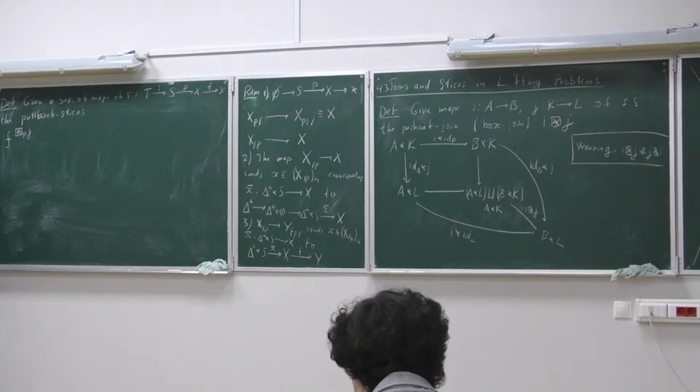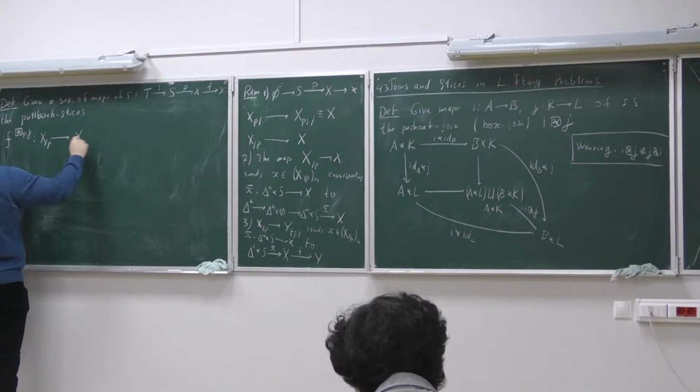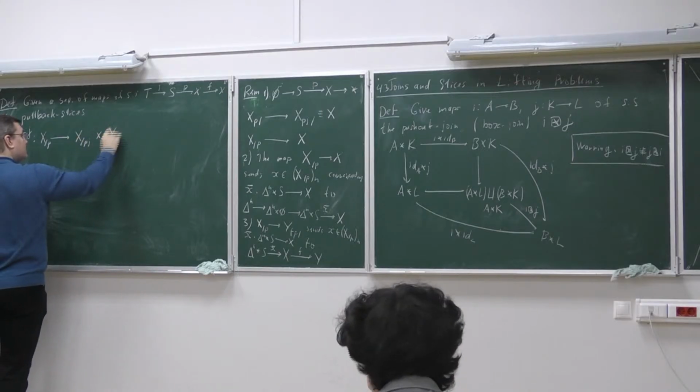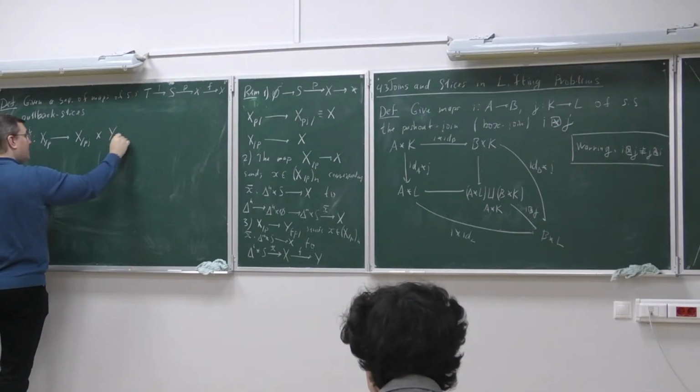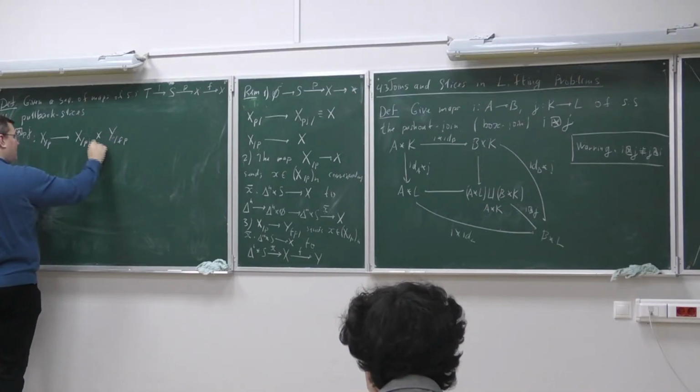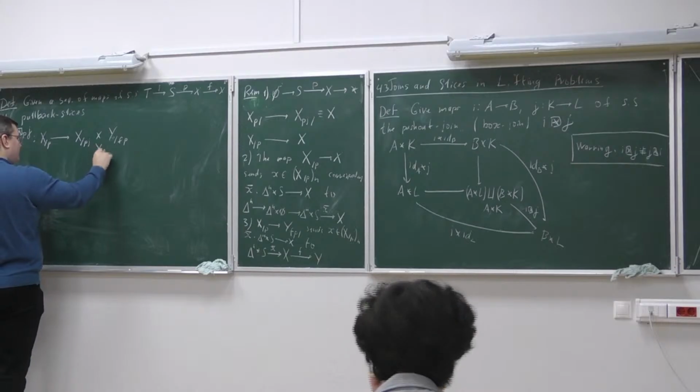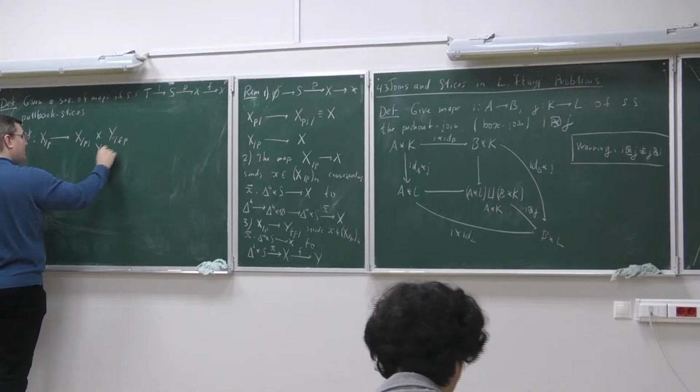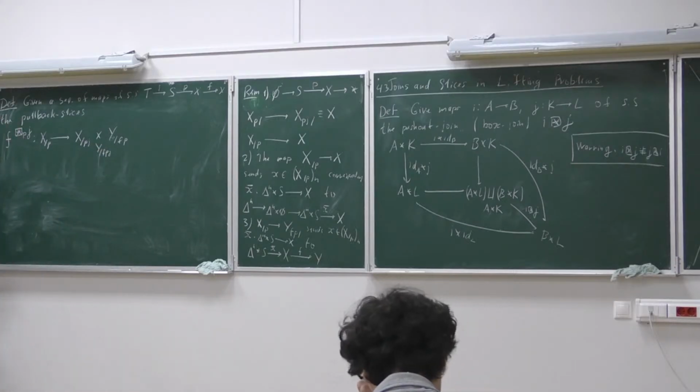So that's a notation for one of the pullback slices, and this is by definition a map from the slice under P and X to the product of Y, FP, FP, J, right?